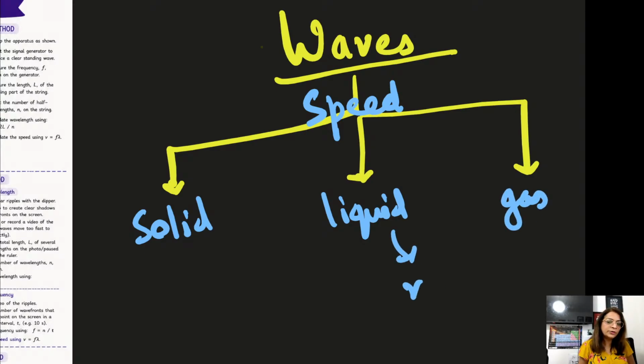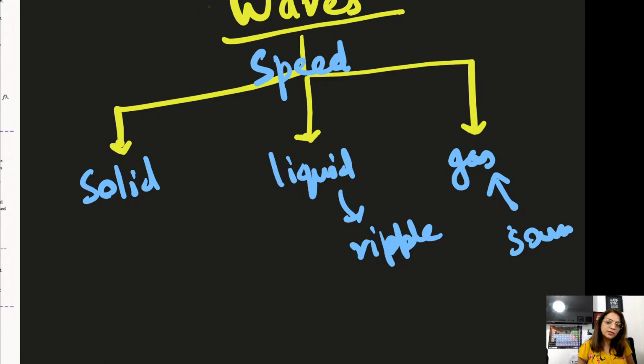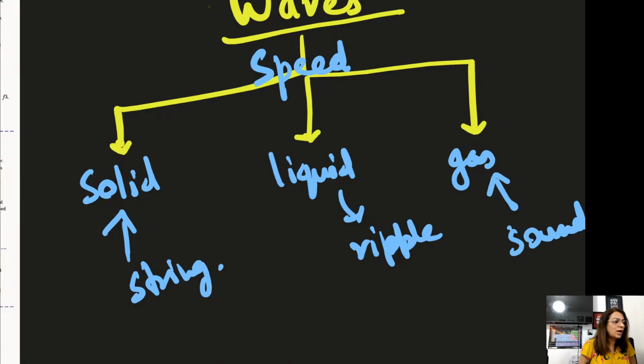So liquid is the ripple tank, and gas is just the sound wave. And solid is the string practical. The speed, how many formulas do you remember of the speed? Type in the chat again. How many formulas of wave speed do you remember?